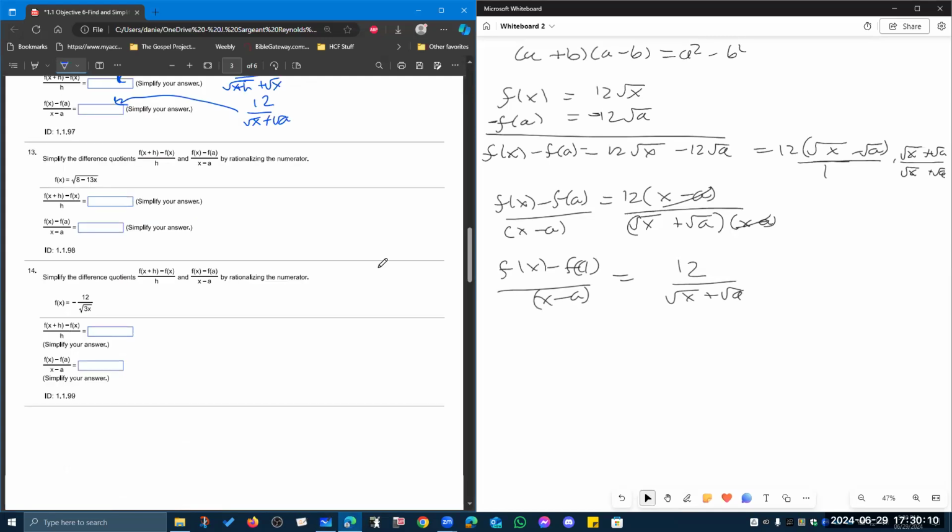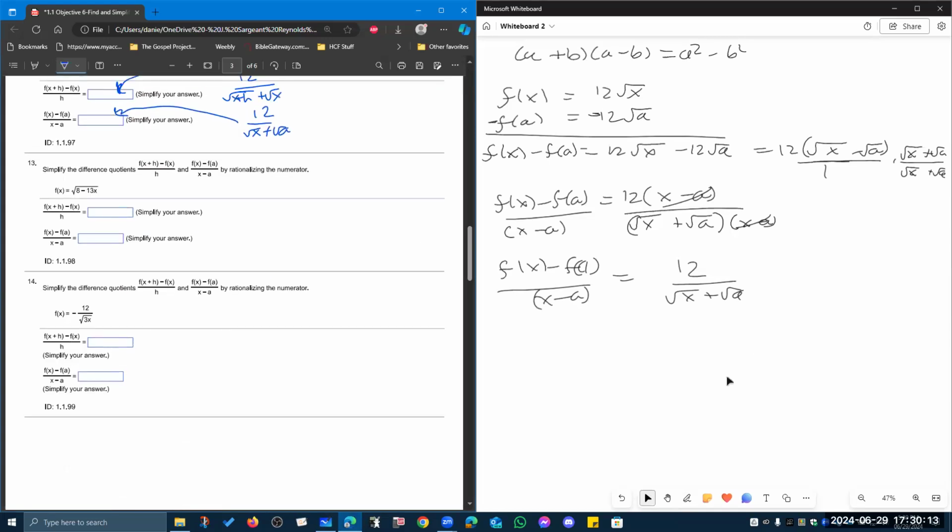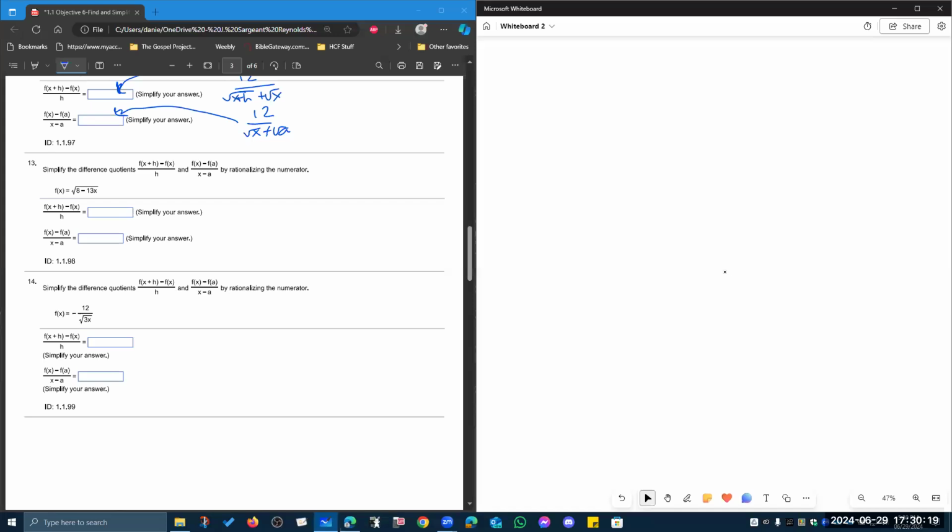We've got more of these now, so let's keep going. F of x is equal to root 8 minus 13x. Again, I'm going to do the x plus h one first and then do the f of a one second, like they're two problems. So f of x plus h is root 8 minus 13x minus 13h.